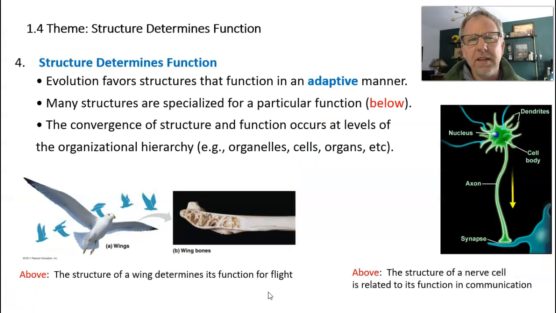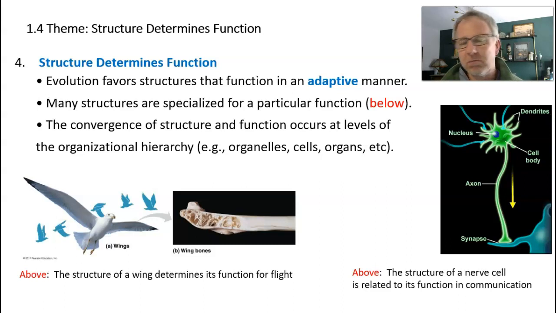The fourth theme is structure determines function. This one should be fairly intuitive because you encounter this all the time in everyday life. So let me give you just some examples. Utensils in your kitchen come in many different shapes, and those different structures determine how the utensil is going to work.